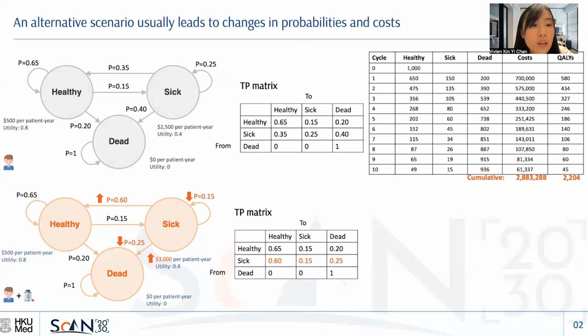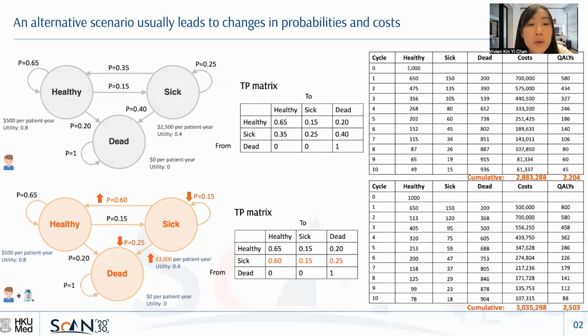Although the medical care cost may drop due to a better healthcare outcome, it may still be outweighed by the cost of treatment, so that the overall cost in the sick state will increase to $3,000. Okay, so with a new set of input parameters, we obtain higher cumulative QALYs, but also a higher cumulative cost after repeating the simulation using exactly the same Markov model structure.